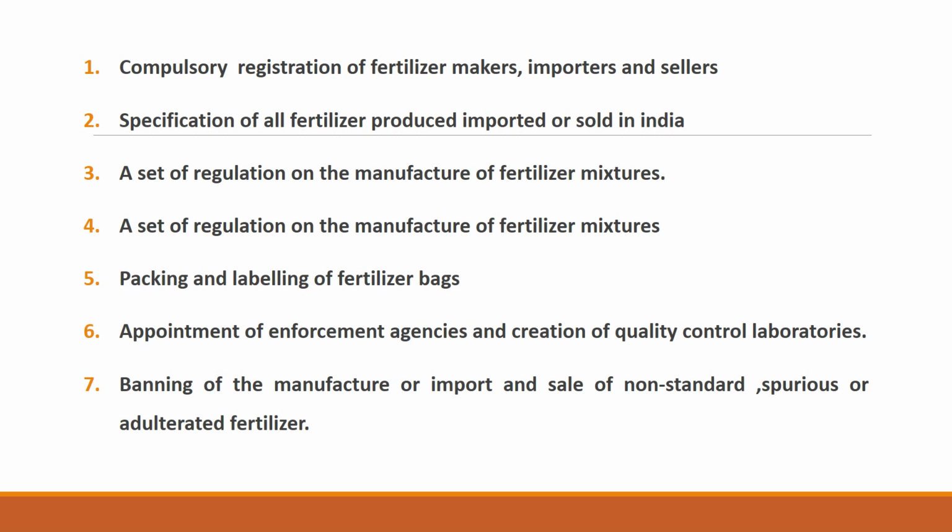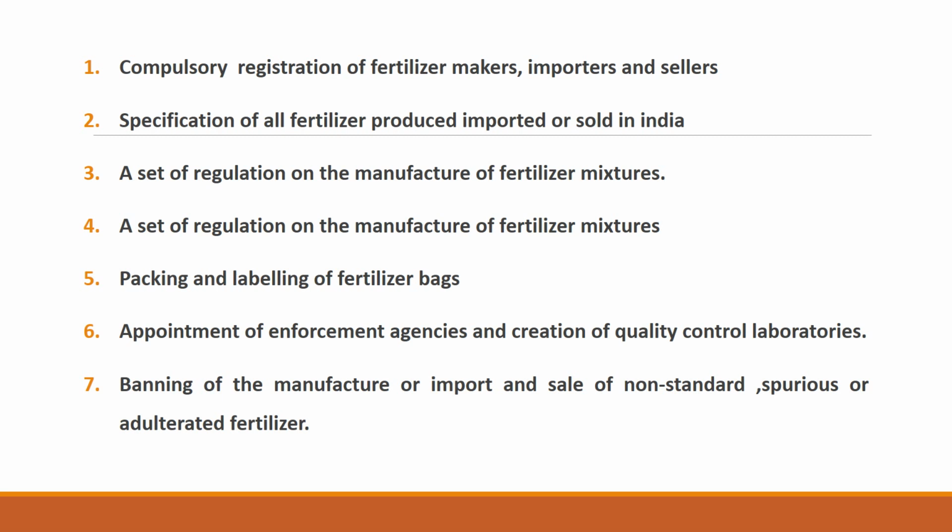Basic things that the Fertilizer Control Order does: compulsory registration. They made registration compulsory for fertilizer makers, importers and sellers. They have to specify all fertilizer produced, imported or sold in India. There is a set of regulations on the manufacture of mixed fertilizer, packaging and labeling, and appointment of an information agency.